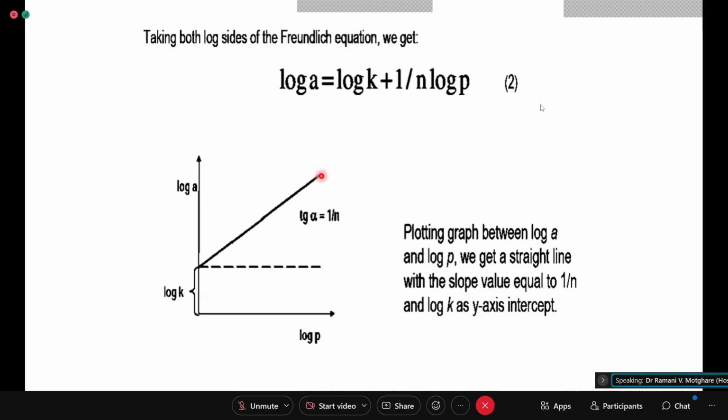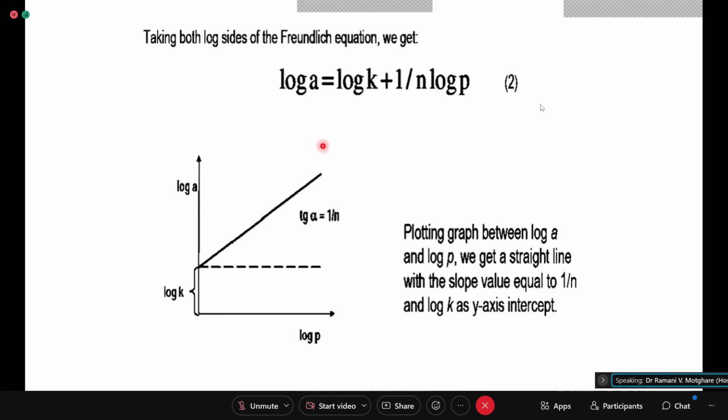But it is not always necessary to know the maximum loading. You have another term, the constant K, which gives you the adsorption capacity, and this gives you the adsorption intensity. These capacity and intensity are two different constants. Depending on the application, you have to choose an adsorbent.